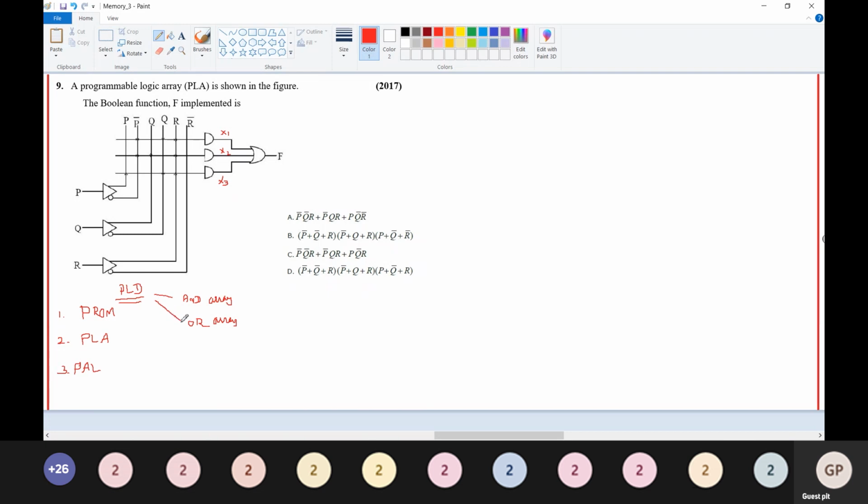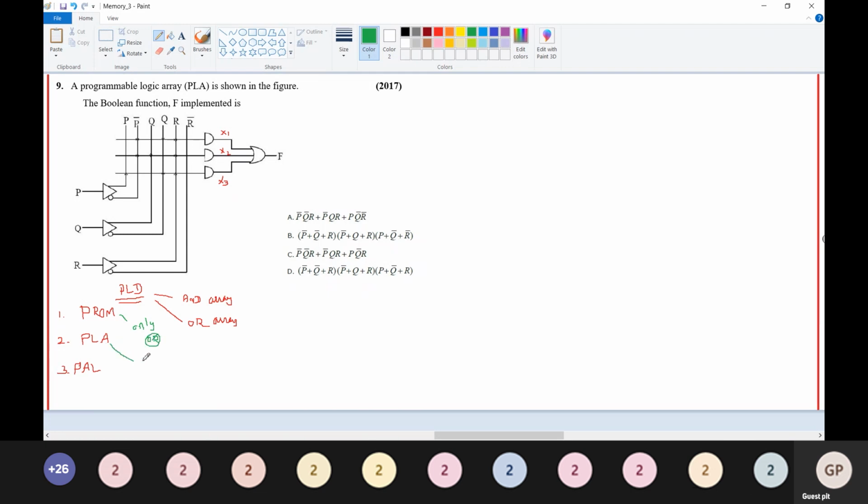Based on how the AND array and OR array can be programmed, it is classified into three: PROM, PLA and PAL. In PROM, only the OR array is programmed.